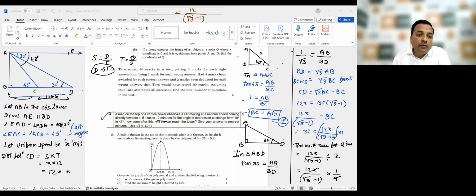We have the value of root 3. Can you see it? Yes sir. Okay, wait, I will do something. Just a minute.